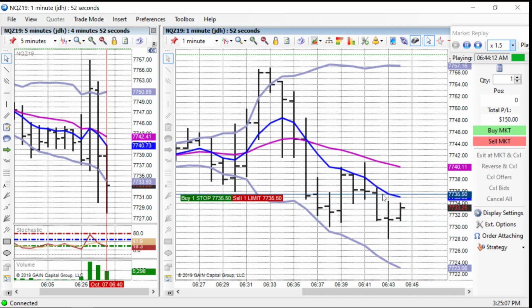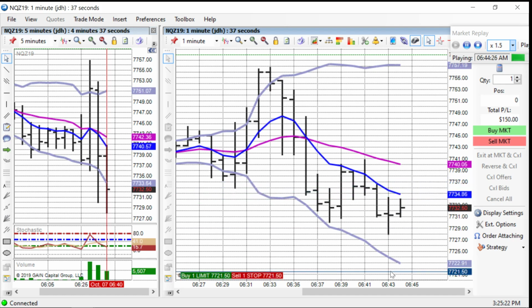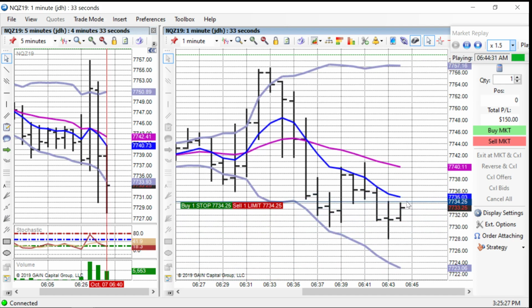I don't want to enter too far away, over 2 points away from that 8 EMA line. I don't feel comfortable. Preferably I like to enter the trade as close or right on top of that line as I can.